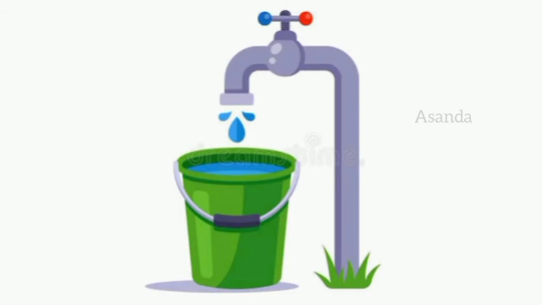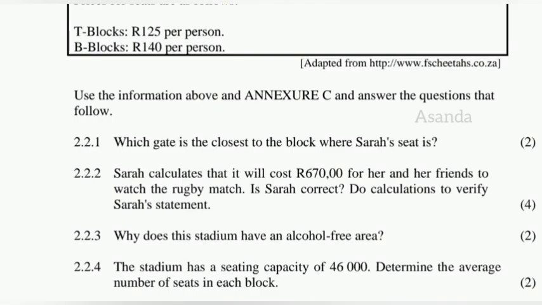Capacity comes from the word capable of carrying. A 20-liter bucket is capable of carrying 20 liters. So think of a stadium as a 20-liter bucket, and you took people and you just put them in. How many would you put in the stadium? 46,000. That is the total data.